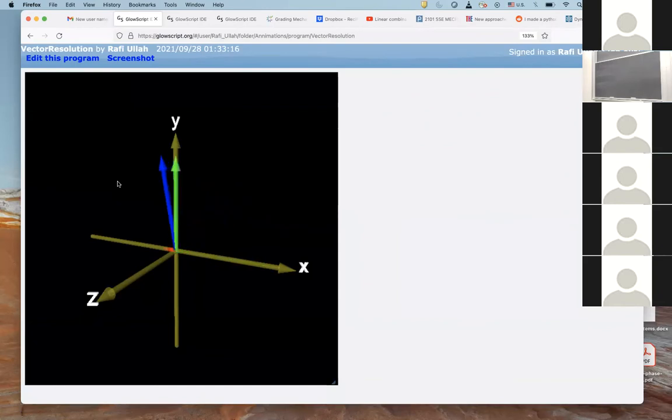So here I have a vector represented by the blue arrow, and this vector is continuously changing, rotating in the XY plane. The Z is just to give you the perspective that it's a 3-dimensional case, but we are not doing anything along the Z axis. We're just viewing from the Z axis side.